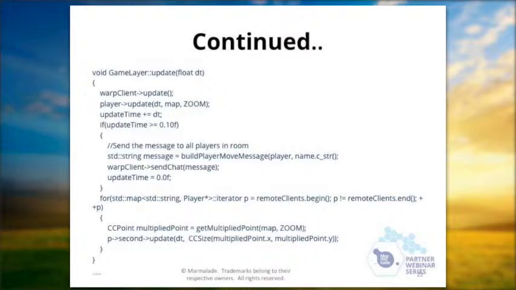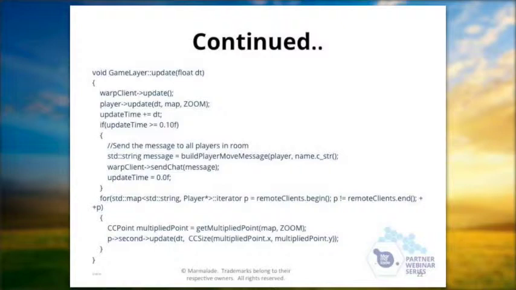Now to prevent flooding of messages, we send out the position of the client every 100 milliseconds. We again build a JSON message which contains the coordinates of the client, and use the chat API since we're using string-based JSON.